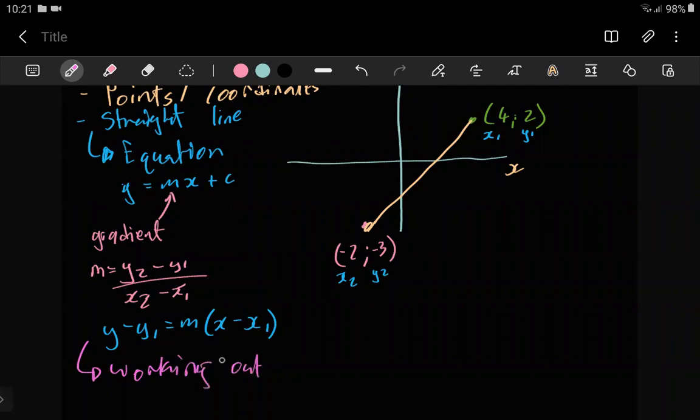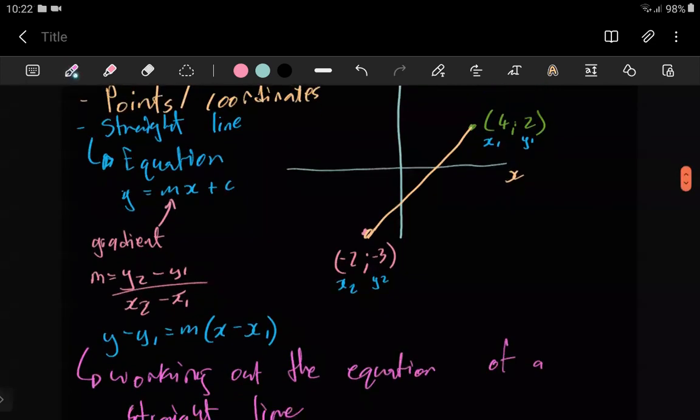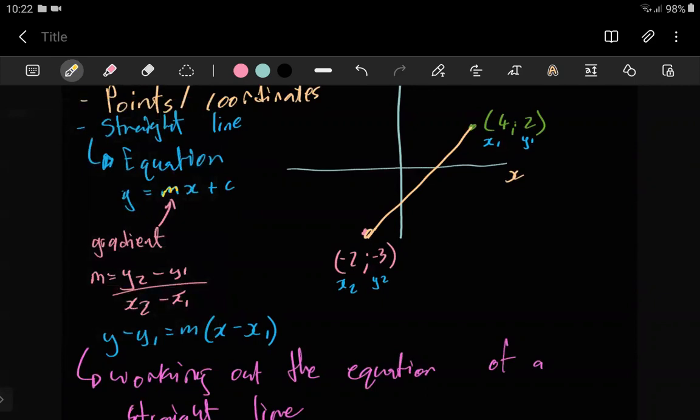Working out the equation of a straight line: clearly you can see you need 2 things. You need a gradient, which has a gradient formula, and then you need a y-intercept.